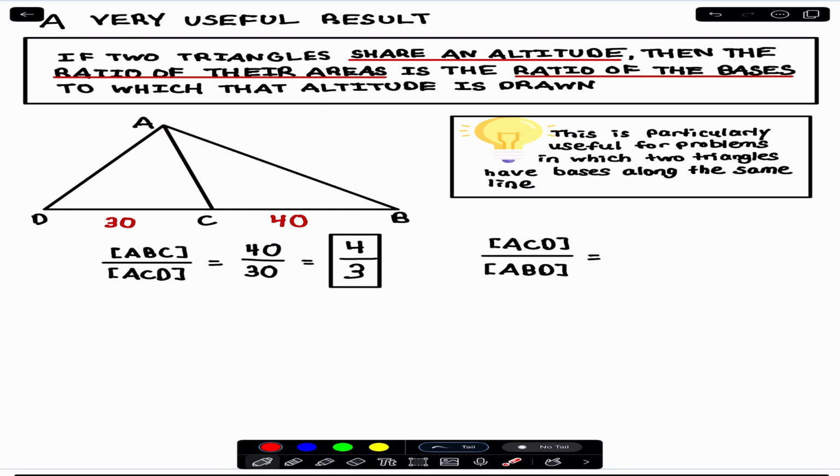So in triangle ACD, that altitude is being drawn towards side CD, which is 30. And in the big triangle ABD, it's being drawn towards BD. BD is equal to 40 and 30. That's 70. So this is equal to 3/7.